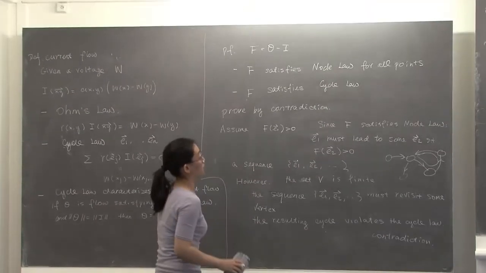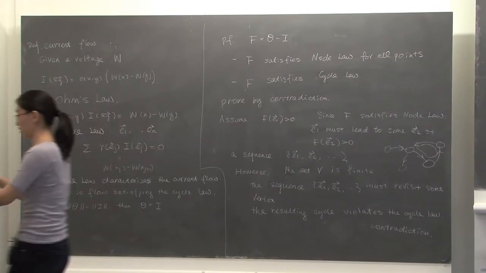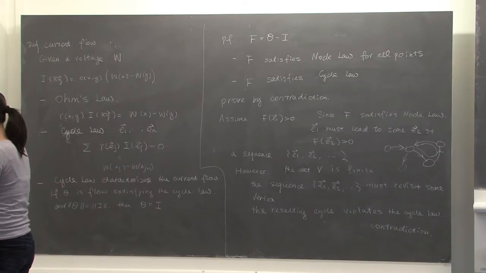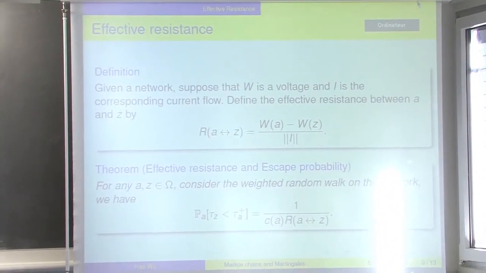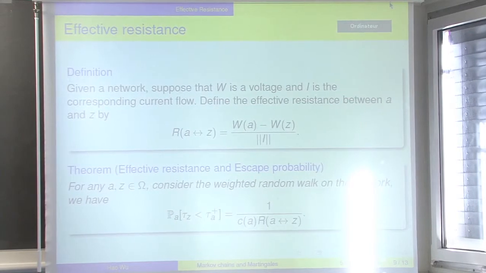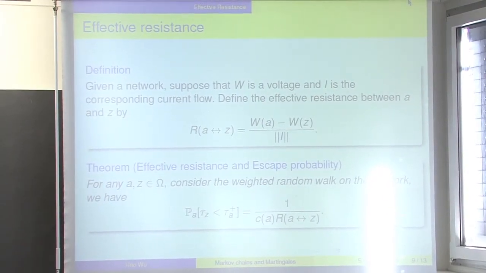Okay, so this shows that a current flow satisfies the node law, the cycle law, and also that the cycle law uniquely determines the current flow. And then we can introduce what is effective resistance.